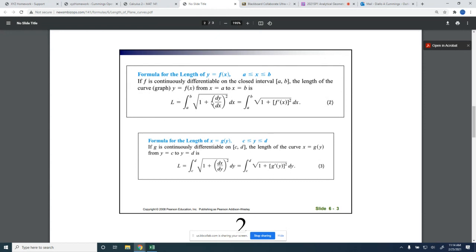So we must find the derivative, square the derivative, substitute into this formula, and then integrate from A to B. Now you may ask, how does this formula actually approximate the length of a curve? So we'll take a look at how this formula is derived before we actually use it.